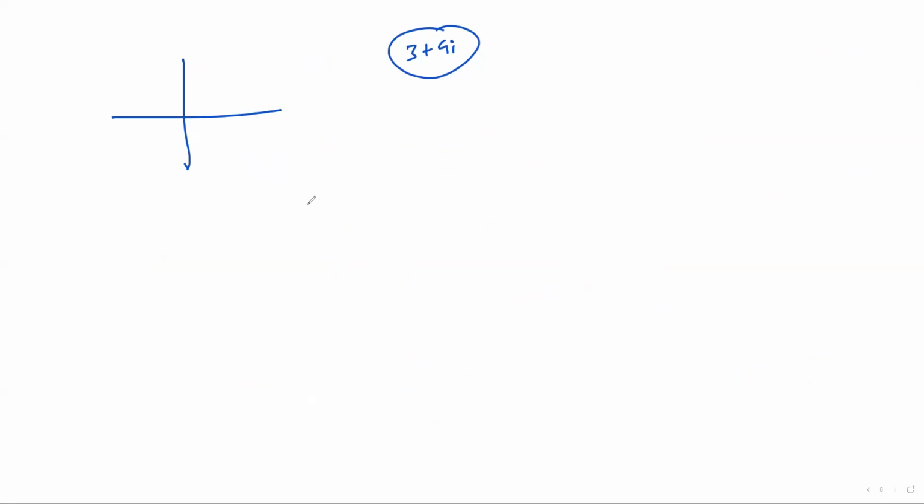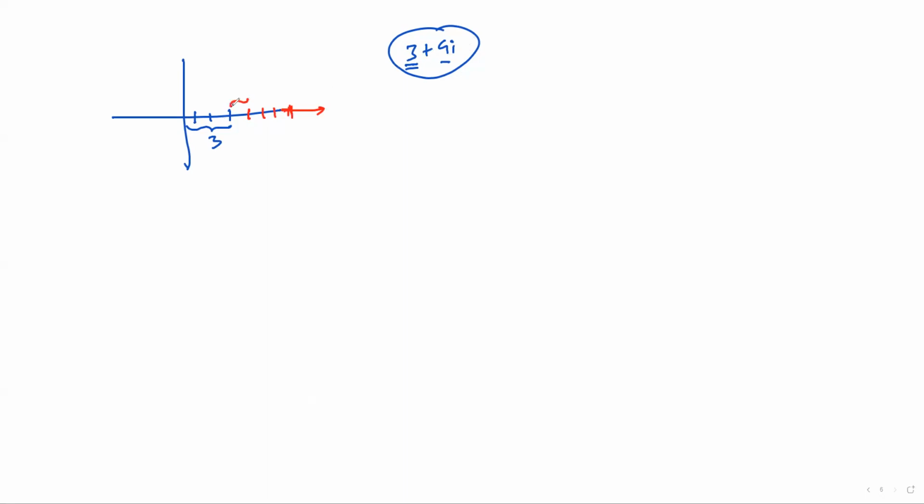Okay, so you go 3 places to the right because you want to place 3 here. Then you have plus 4. If you just had plus 4, you have to go 4 more steps to reach here. But we do not really have 4.